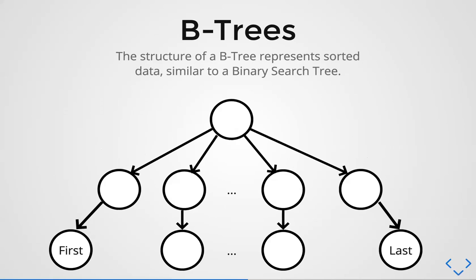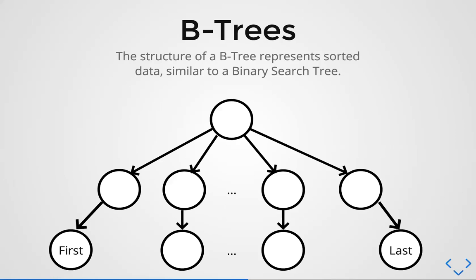The next common indexing strategy is a B-tree. And a B-tree is a lot like a binary search tree. So if you've studied binary search trees, this will feel familiar. But unlike a binary search tree, instead of having every node have just 2 children, every node has often on the order of hundreds of children.